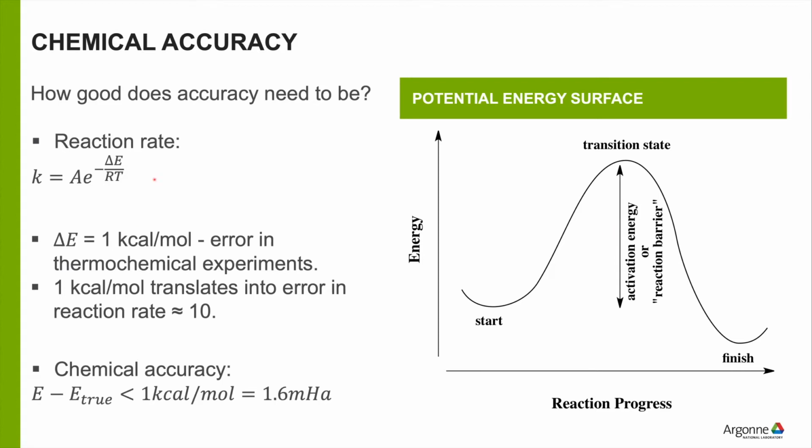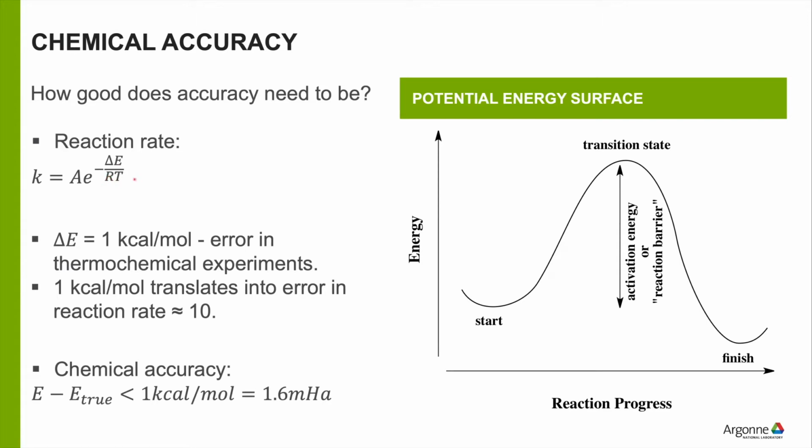And using this simple reaction rate law, we can estimate that, so here K is the reaction rate and delta E is the activation energy, and here's the temperature and the constants.